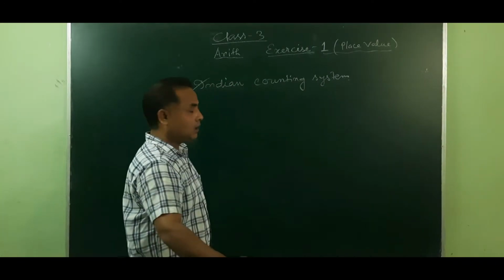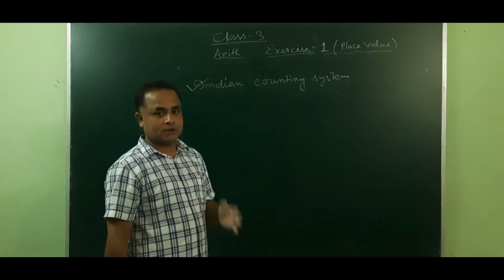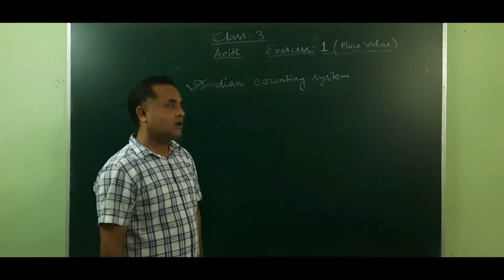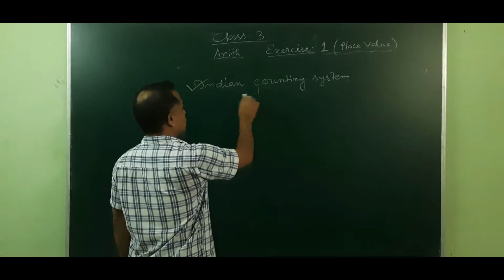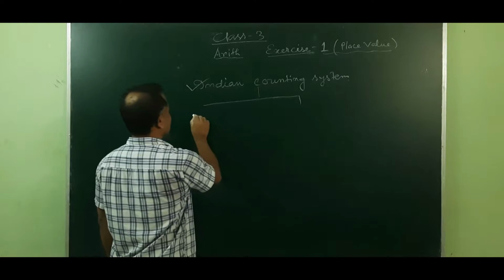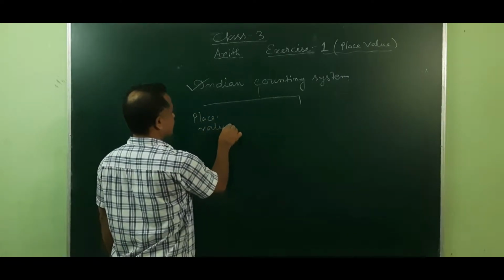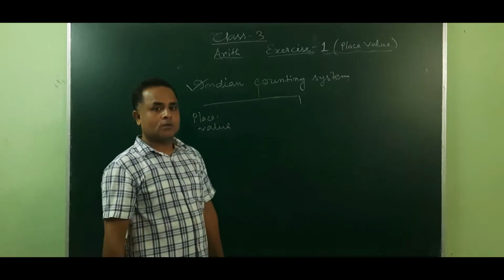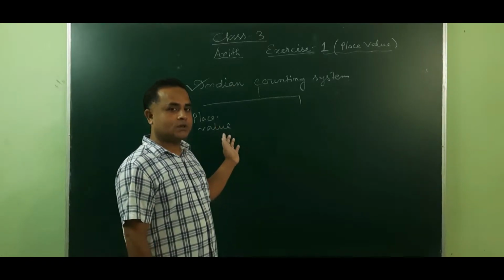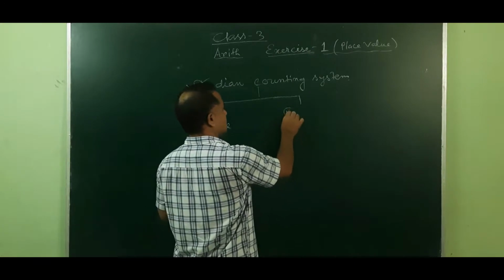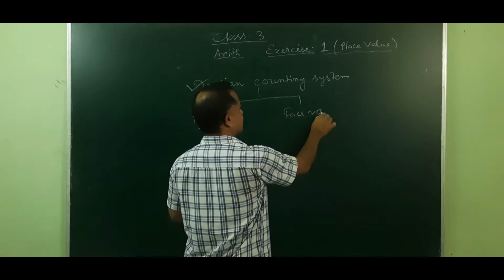Now, in this Indian counting system, we have 2 needs. One is place value, for any operation, and one is face value.